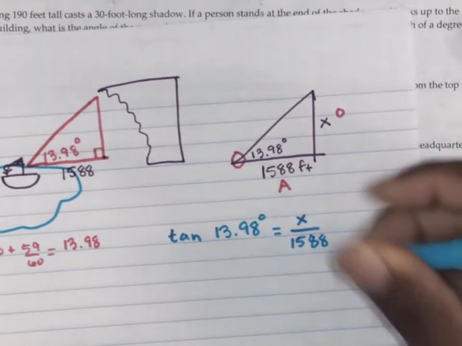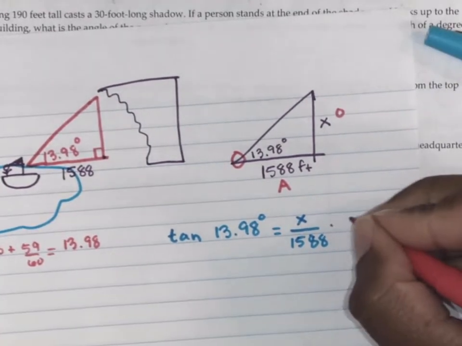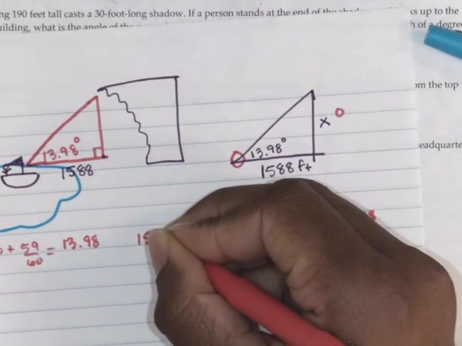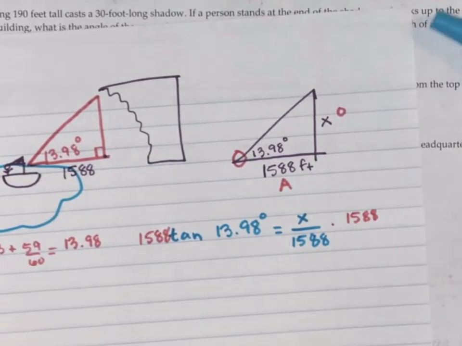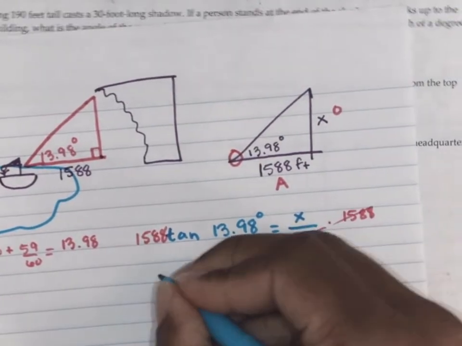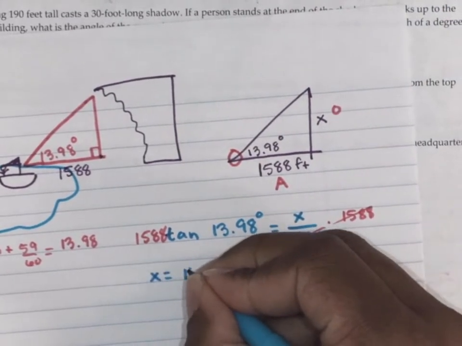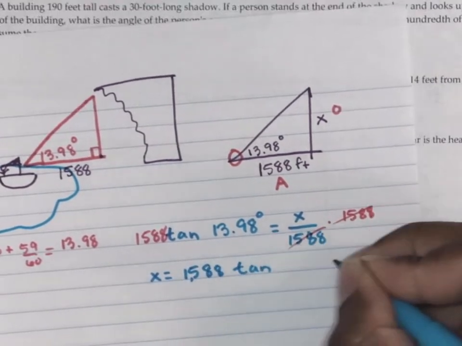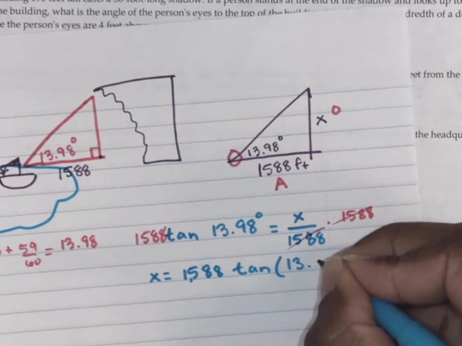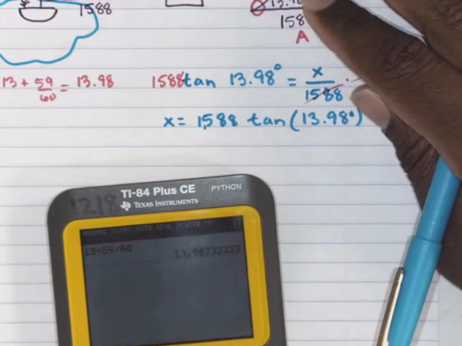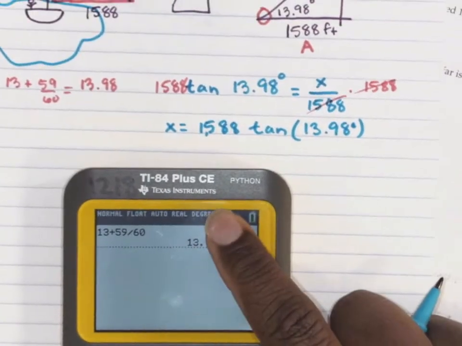All right, I solved this one for x by multiplying both sides by 1,588. And that's what I will put in my calculator. So x equals 1,588 times tangent of 13.98 degrees. So I'll make sure my calculator is in degree mode.